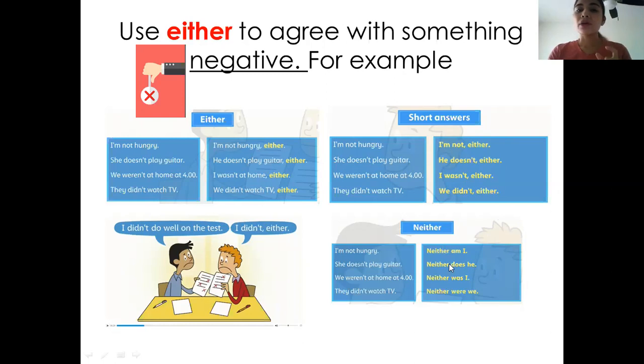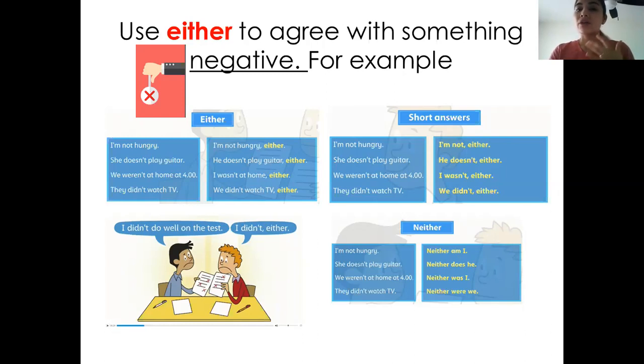And if you use neither for negative statements, you have to be sure that you are using the verbs to be in positive form. For example, am, does, was, were. Can you see? They are positive.